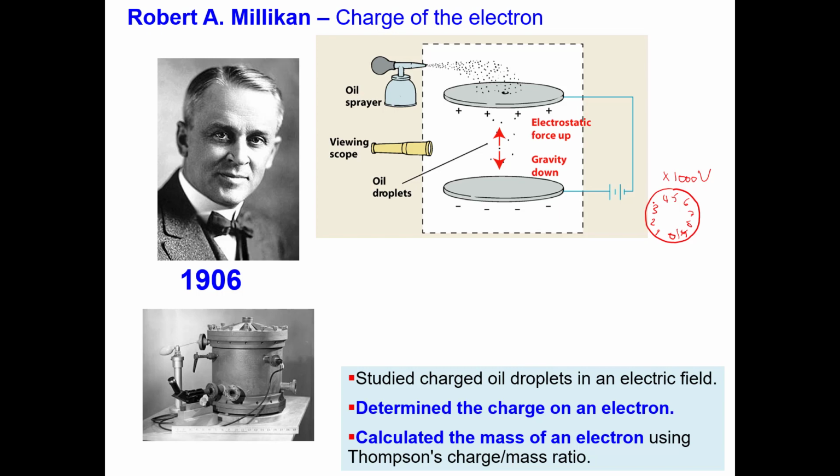The drops move down, and the reason is that in this case the gravity force was larger than the electrical force, so the larger gravity force pulls the oil drop down.